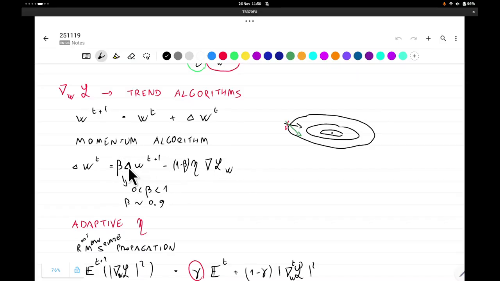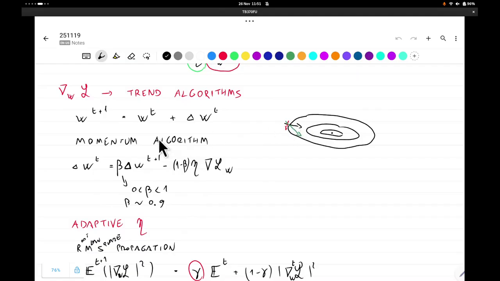So the update itself depends on the previous update, and then it gets a component from the particular step where one is, and just to give an idea, this beta in the linear combination is close to 1 typically. So the algorithm is leaning towards the previous time steps, so to be robust.